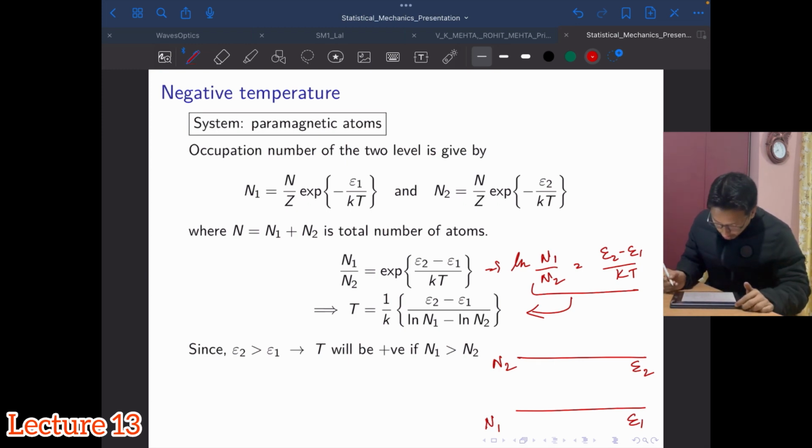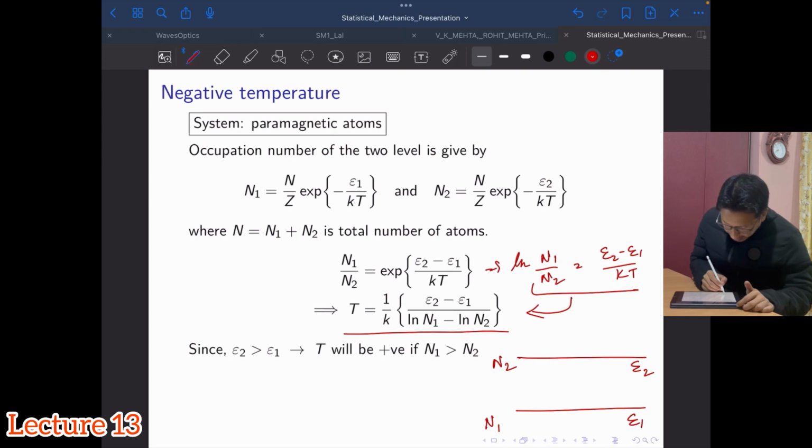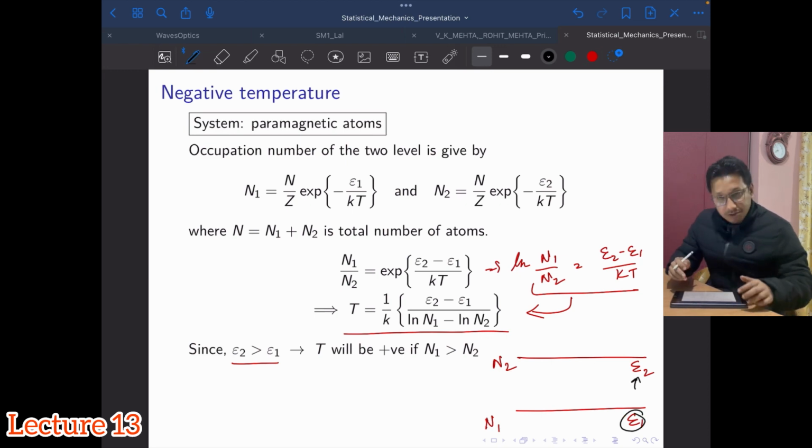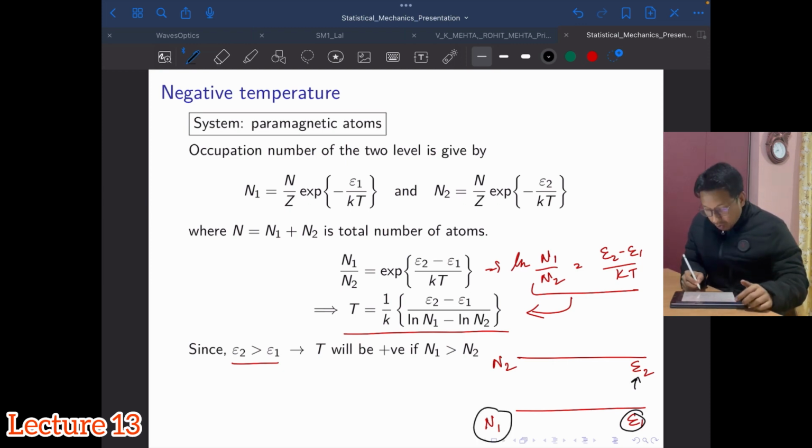So according to this expression, for the case here, the energy E2 is greater than E1 because we have considered that, and with the number of atoms, N1 is greater than N2.